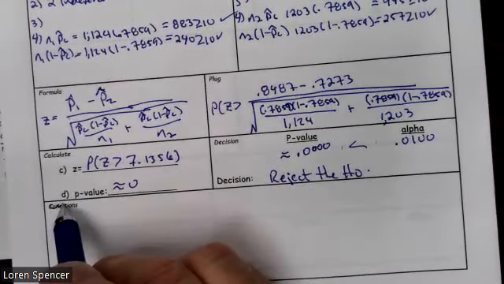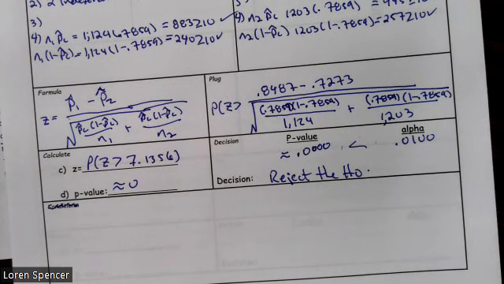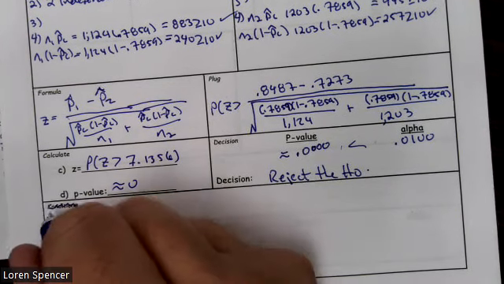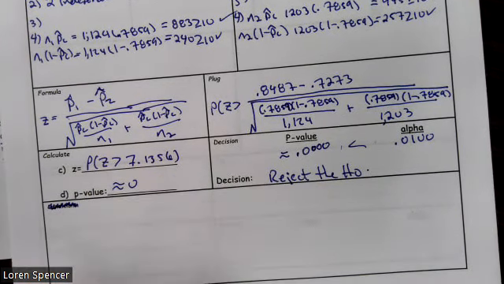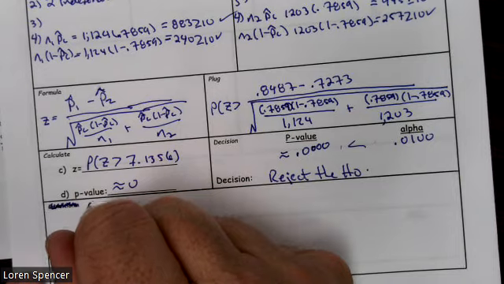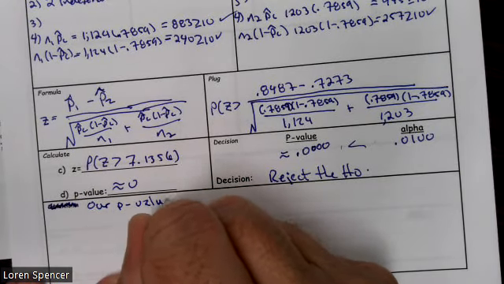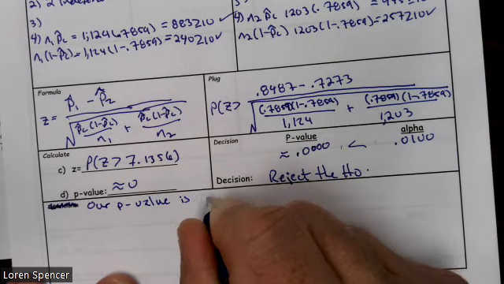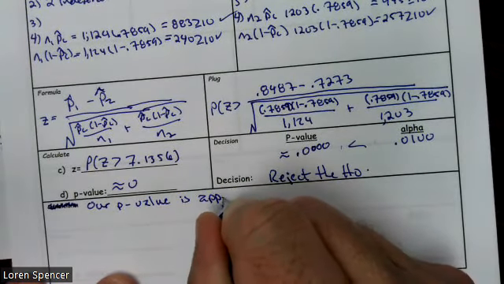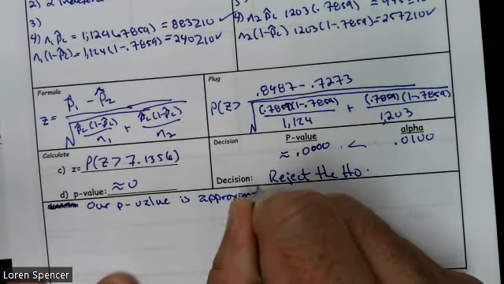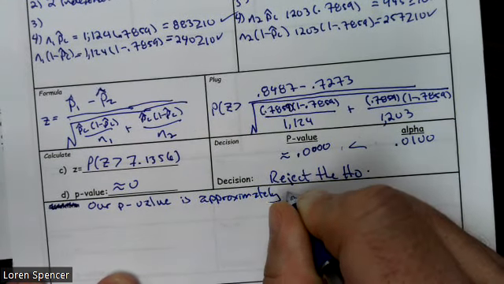It says conditions, but this shouldn't say conditions. I thought I'd fix that. That should have said conclusion. So our conclusion, our P value is approximately 0.